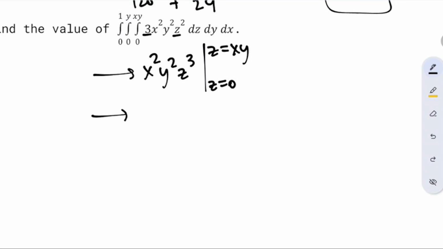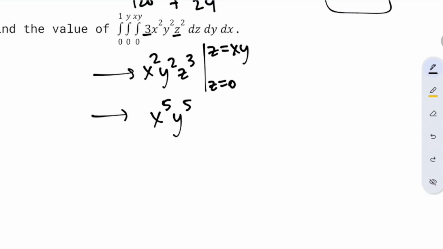If I cube xy, I'll have 3 copies of x and 3 copies of y, so I think that would be x to the 5, y to the 5, minus 0. Okay, so wait, no, it should be x to the 5, y to the 5. Right? x squared y squared times x cubed y cubed.